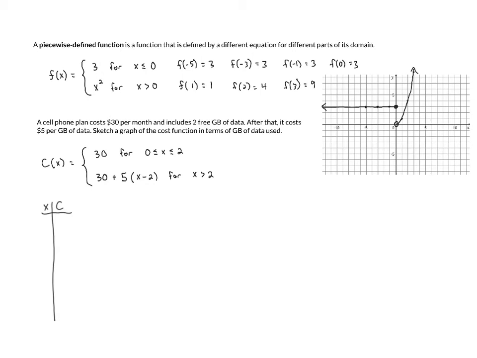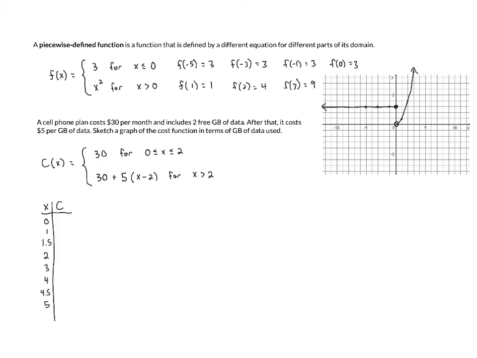It doesn't make sense to look at x less than 0 because we can't use a negative amount of data. So let's start with 0 gigs, 1 gig, maybe 1.5 gigs, 2 gigs, 3 gigs, 4 gigs, maybe 4.5 gigs, and 5 gigs.